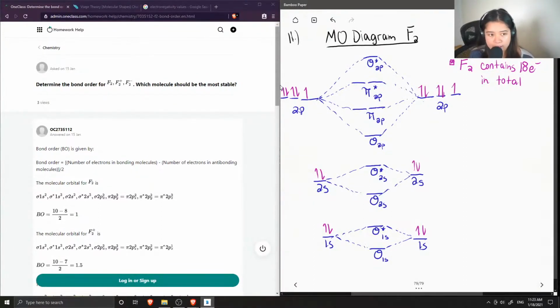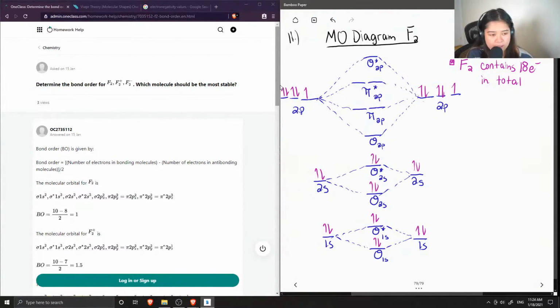So now that I filled in both of my individual fluorine atoms, now we can see where the electrons will come in and fill up all of the sigma and sigma star and pi star orbitals in this molecular orbital diagram. So since we have 18 in total, I'm just going to fill in the electrons the same way, with opposite spins. 1, 2, 3, 4, 5, 6, 7, 8.